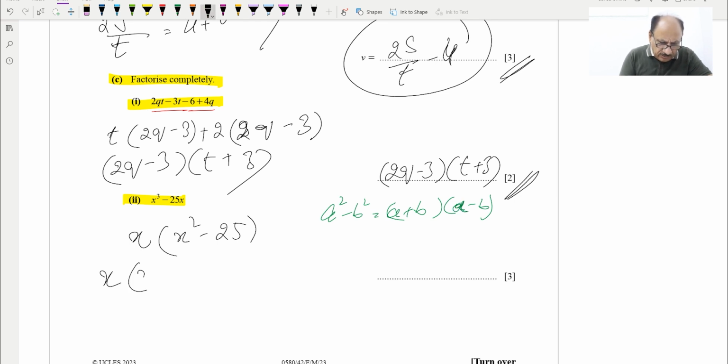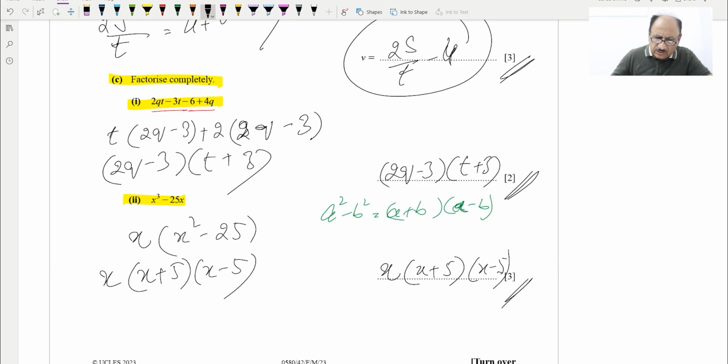So x squared minus 25 will be x plus 5 and x minus 5. So our answer will be x into x plus 5 and into x minus 5. This will be the final answer for 3 marks.